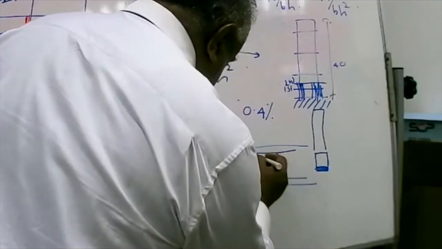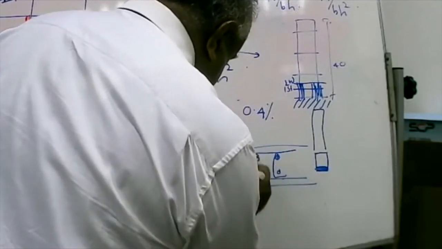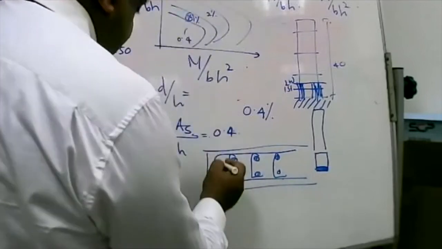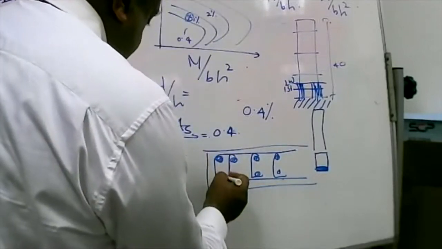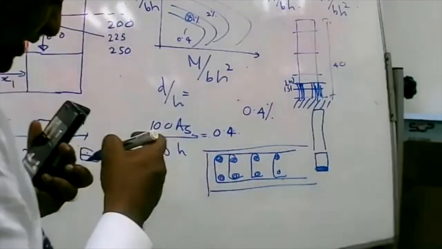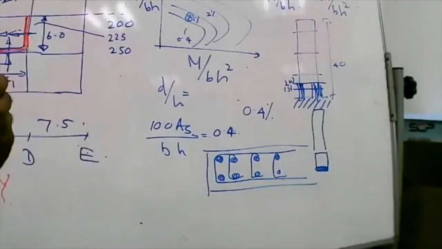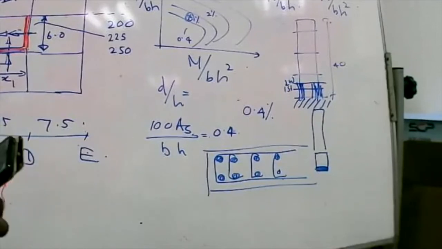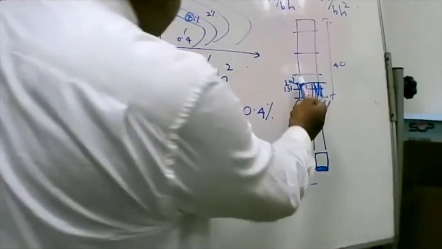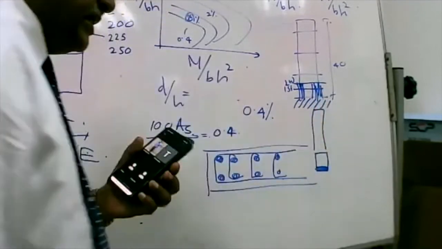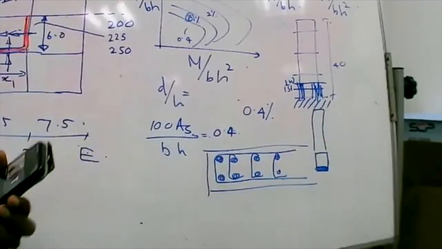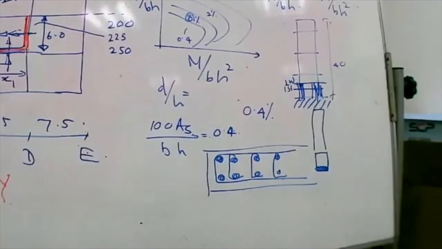So I'll be confining these edges to a size Y. In case of an earthquake, which part of the wall will get the maximum effect? The bottom part will get the maximum effect, and even in the bottom part, the ends will get the maximum effect. So no harm in having higher confinement.